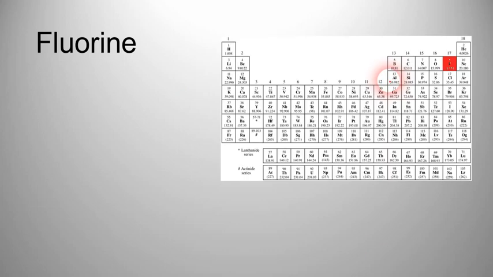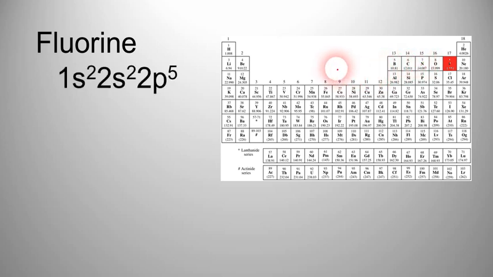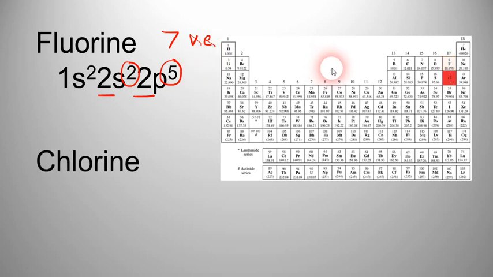Let's try fluorine this time. Now, if you look at the periodic table, there's fluorine, and there's its electron configuration. Can you see that it has how many valence electrons? It has 7 valence electrons. And how about chlorine, the element right underneath it there?